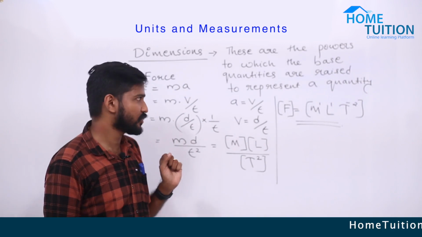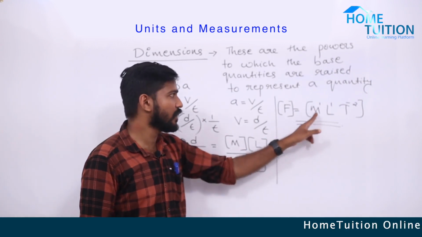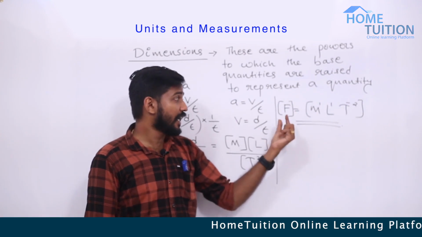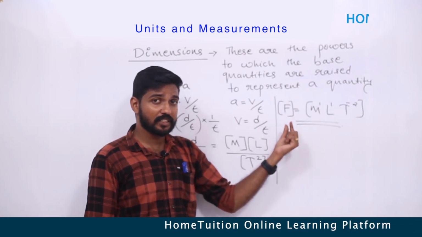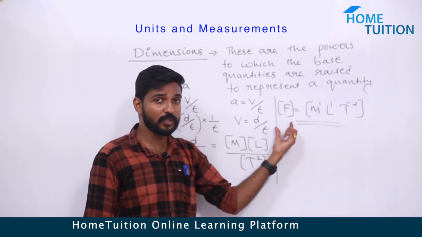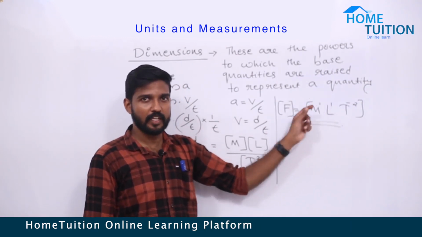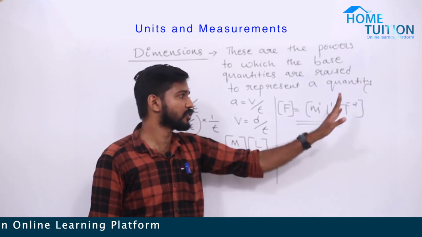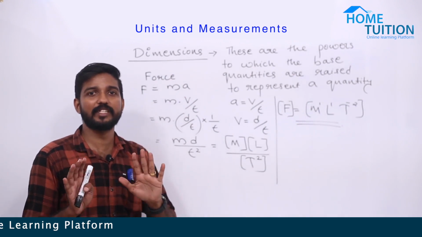So dimensions are the powers of base quantities. Clear? So in force the dimension of mass is 1, the dimension of length is 1, and the dimension of time is minus 2. So this is known as dimensions.